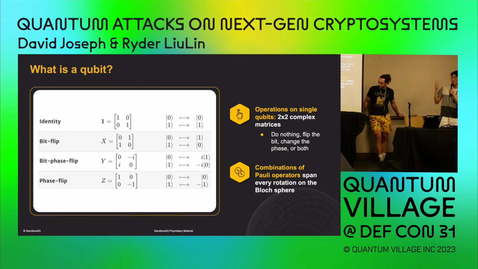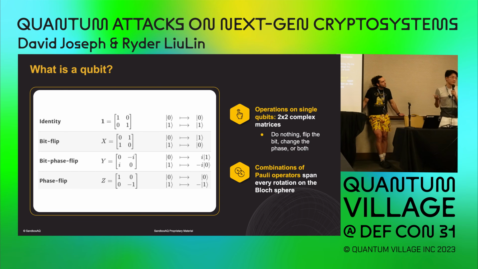Then we can also talk about operations on single qubits in the same way we can talk about operations on single bits. Here we have 4 different operations, and these are called the Pauli matrices. We have the identity, which we have in classical computing as well. We have the bit flip, which we have in classical computing as well. But then we also have the bit phase flip and the phase flip.